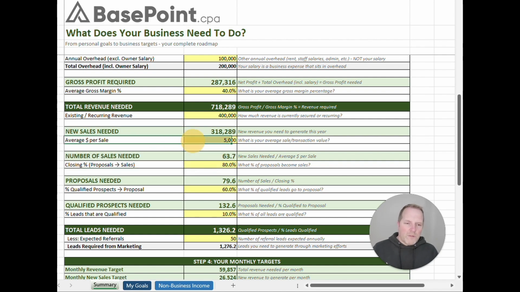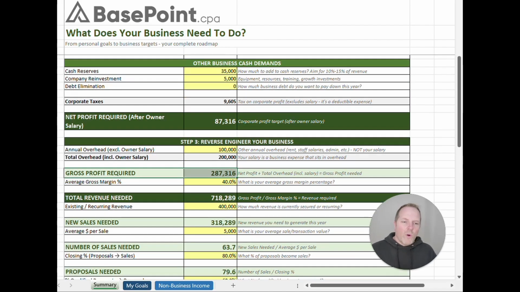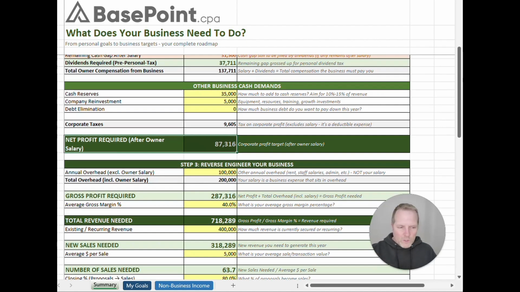And so at a certain percent or a certain amount per sale will give you the new sales and new revenue that's needed to be added to your existing revenue to hit the total revenue that's required at a certain gross margin to get you the gross profit that's required to cover your overhead expenses plus the salary that you need to take out of the company in order to get you to net profit in your corporation, right?